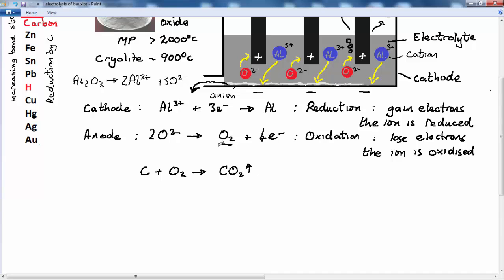The oxygen released at the anode immediately combines with carbon in the graphite anodes to form carbon dioxide gas. The problem is that the carbon in the anode gradually gets consumed by the oxygen, and as a result these anodes will eventually have to be replaced. So every now and then the graphite anodes need to be replaced as they are consumed by oxygen released during the electrolysis process.